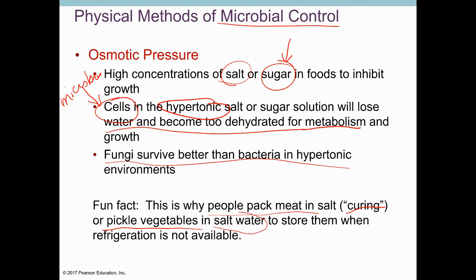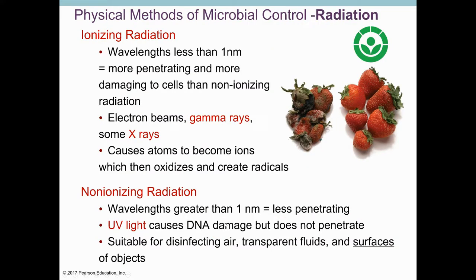The salt acts to increase the osmotic pressure, and the vinegar acts to change the pH, and the combination of those things allows the vegetables to be stored without getting spoiled. And so it's a way of handling food contamination or reducing food contamination.